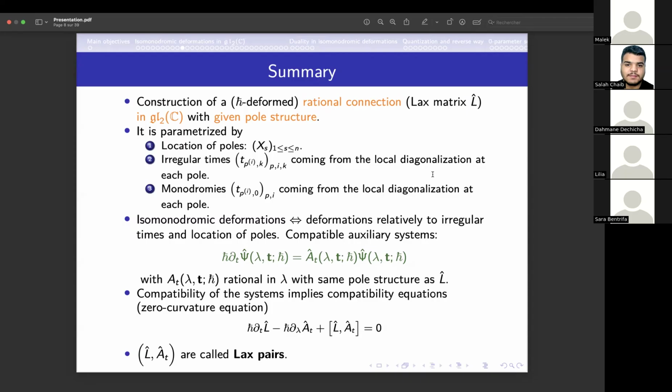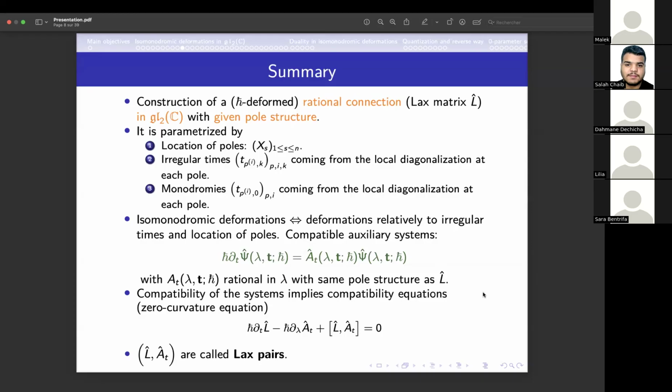Then one gets the deformation parameters, which are the T_{p,k}, and the monodromies that we would like to keep intact and very clear. If we deform the system following these times, so these T, one gets an additional system: if I deform the horizontal sections, the solutions, in a certain admissible way, in an isomonodromic way, I will get an additional A_T matrix, which will come into play in this construction.